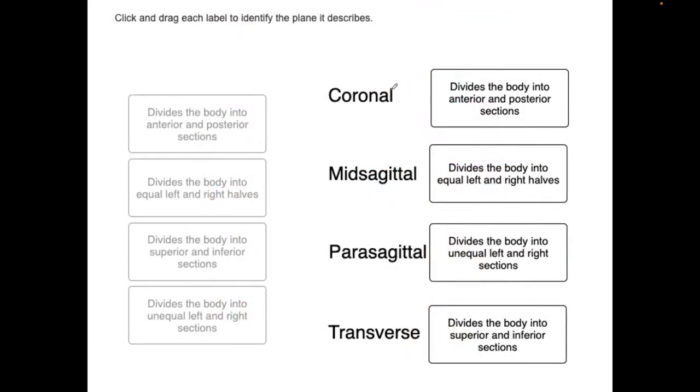Then you had a drag and drop. So here were the terms coronal, mid-sagittal, parasagittal, and transverse. And then you have to drag and drop the proper definition. So let's start with mid-sagittal. Well, that's going to divide the body into equal left and right halves.